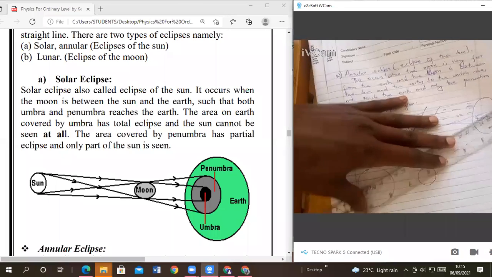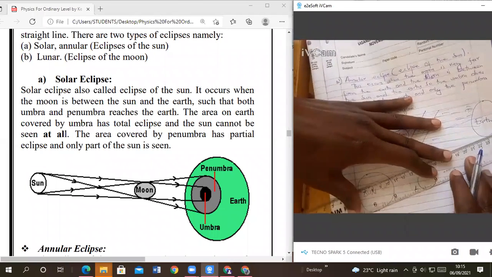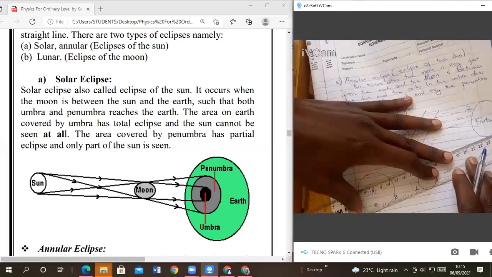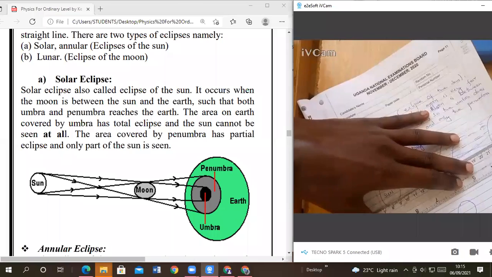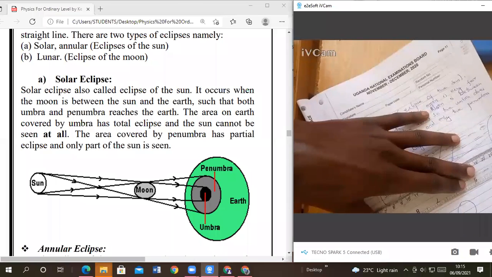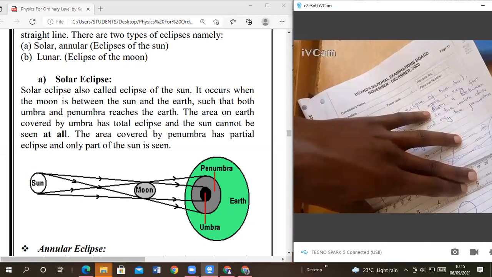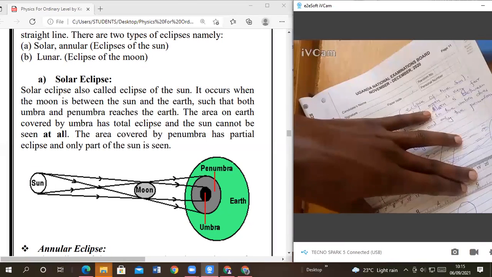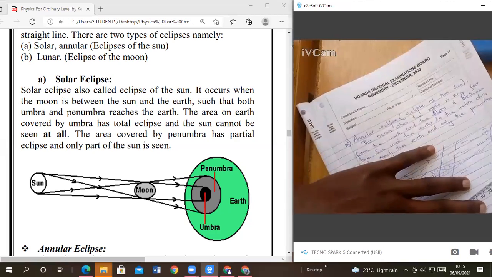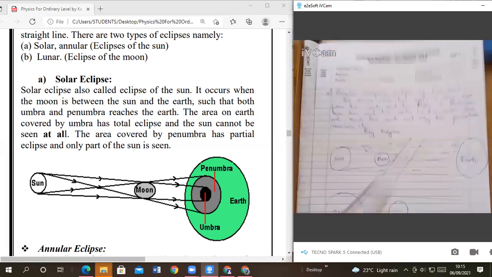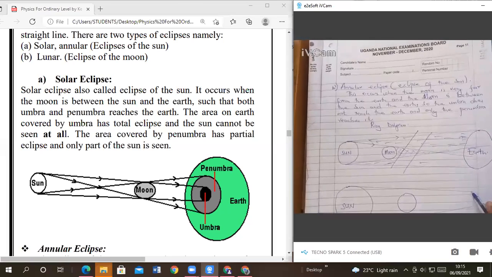I said when you are drawing, make sure that the sun is bigger than the earth. Or what we can do, we can start by drawing the earth. Let's just draw the earth. Have that line there, another one there, like that.